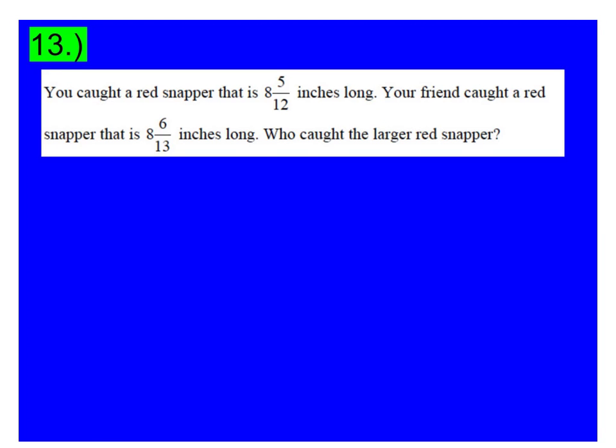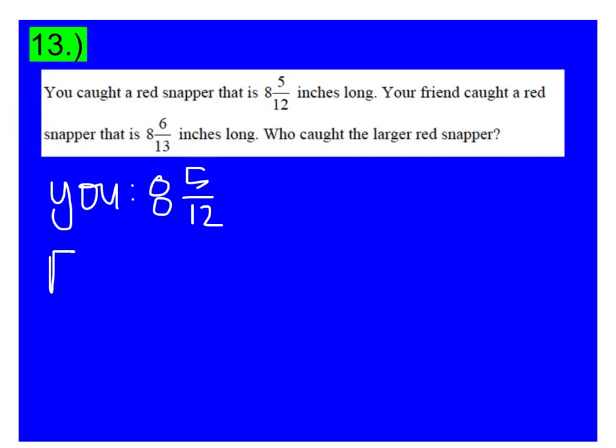All right, this story problem talks about red snapper, which is a type of fish. So you caught a red snapper that is 8 5/12 inches long. Your friend caught a red snapper that is 8 6/13 inches long. Who caught the larger red snapper? So I'm just going to organize my information. I caught the fish that was 8 5/12.